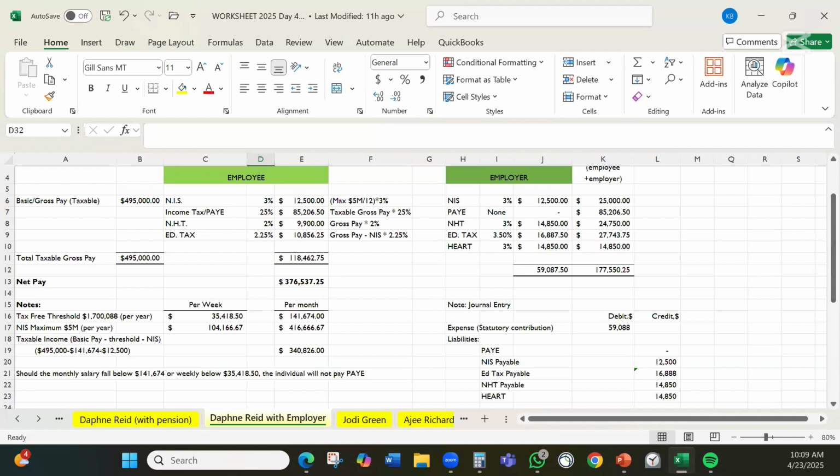Robert, I'm going to share this sheet with you that you can put up for me here. Miss, could you please clarify how much money Jody earns, please? $150,000 per month. Thank you so much.